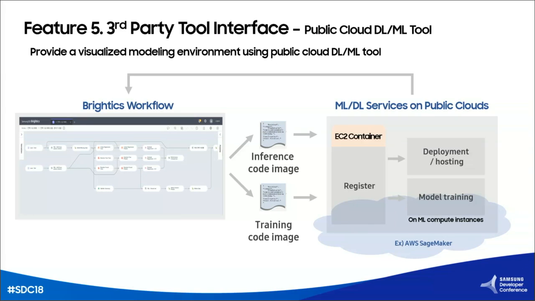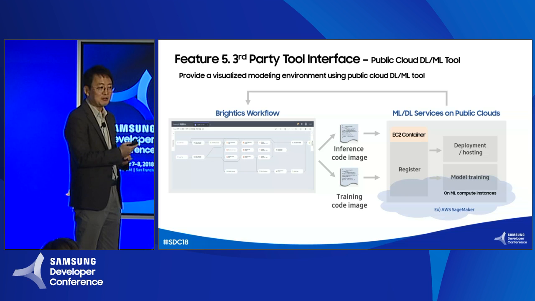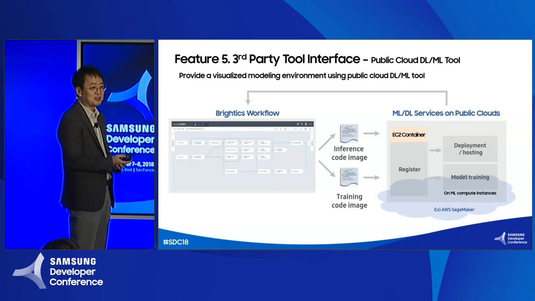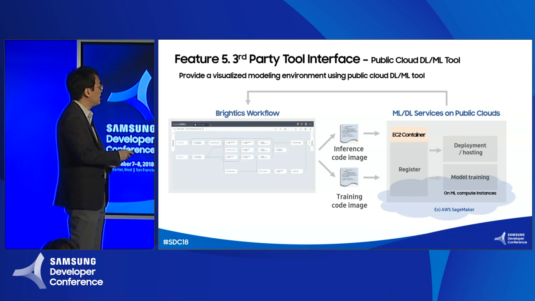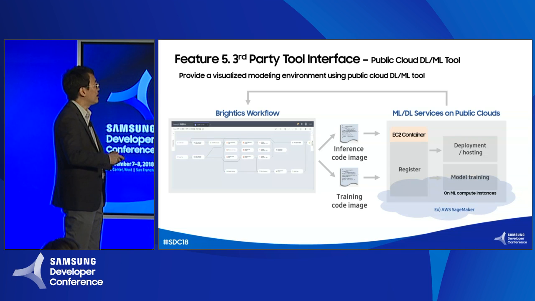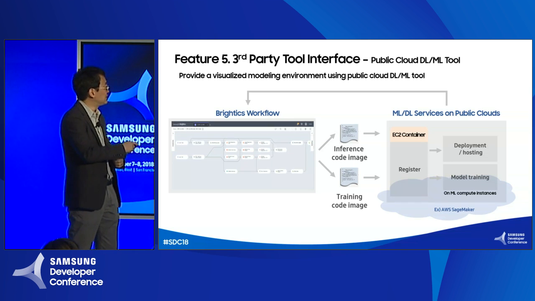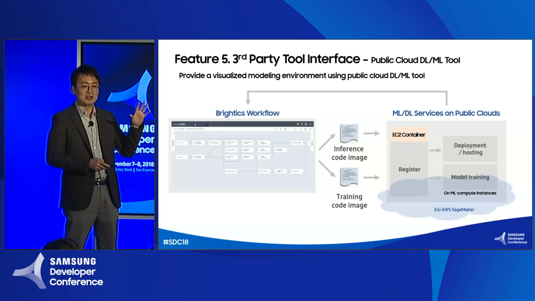The next one is similar but a little bit different. If you are using a public cloud, like AWS, Azure, or Google Cloud, they all provide machine learning and deep learning services. If you want to use those services instead of your own computing power, Brightics Studio lets you set, for example with AWS SageMaker, that you want an AWS instance on the west coast of the US, and you want 10 instances.